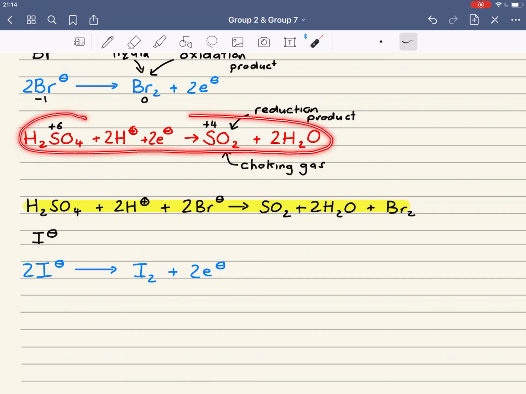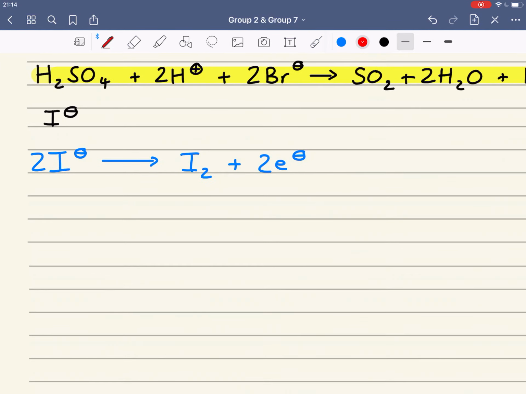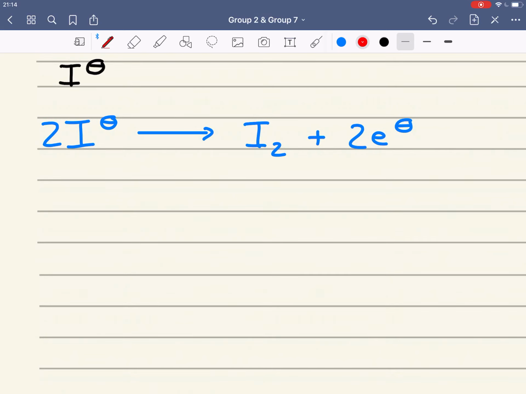The iodide ions could do exactly the same. But there are an additional 2 reduction half equations that we need to be aware of. The sulfuric acid could also be reduced to sulfur, S. Now, I'm not going to go through the ins and outs of the half equation for this. It's something that you need to be aware of. But what we would get here then is 6H+ and 6 electrons.